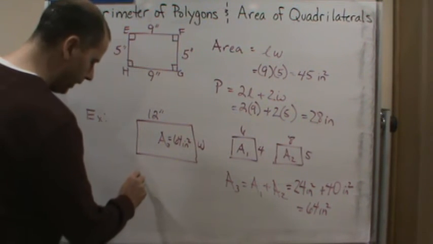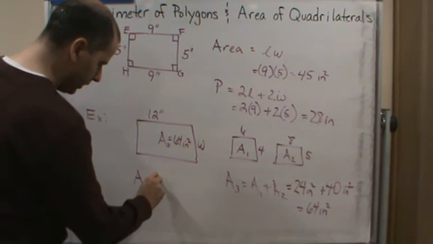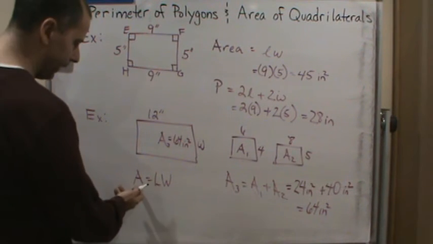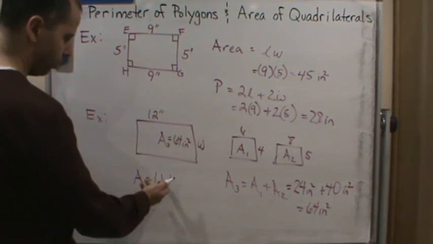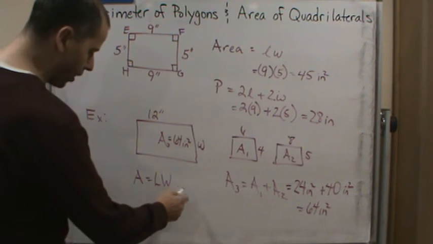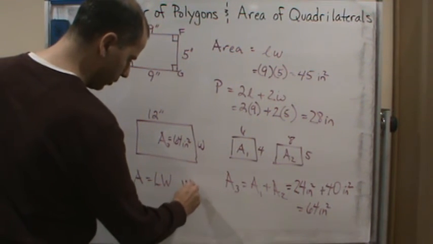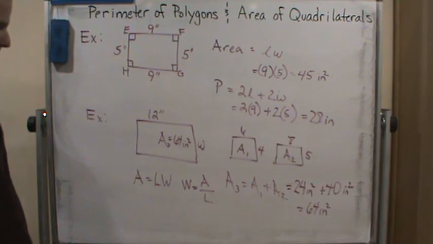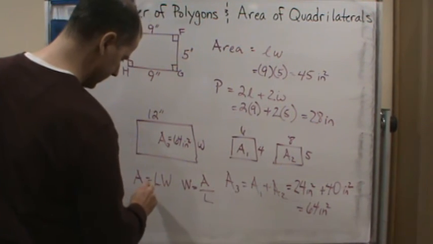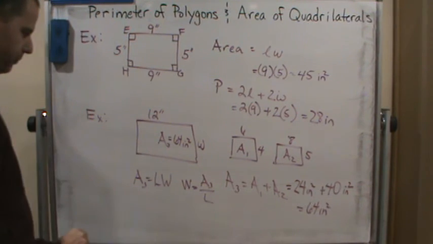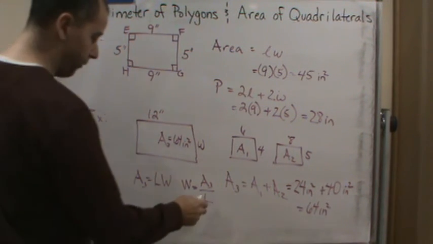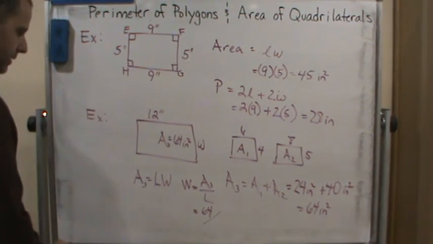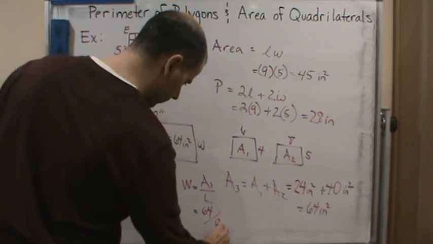Well, we know that area equals length times W. We know the area and we know the length, and we need to know the width, so we're going to solve for W. That means W equals A over L. A3 is 64, divided by the length, which is 12.